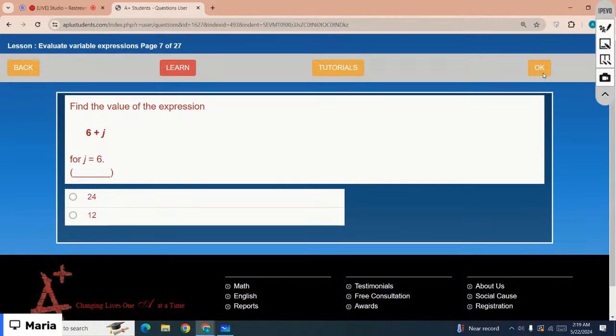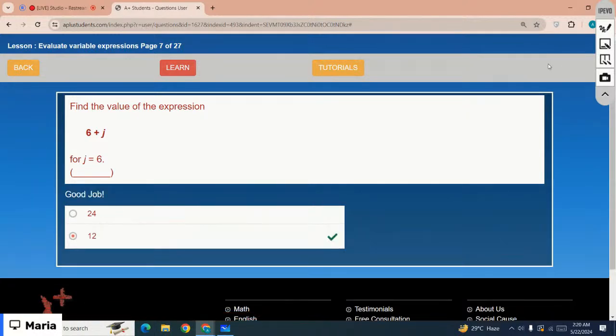Find the value of the expression 6 plus j for j equals 6. So which is the correct option? Yes, the correct option is 12. Option number 2 is the correct option.